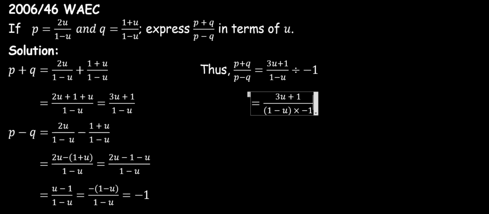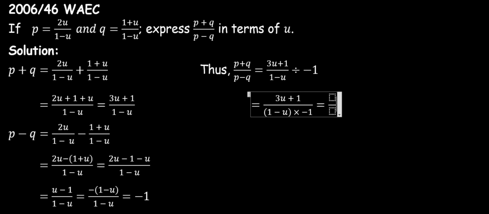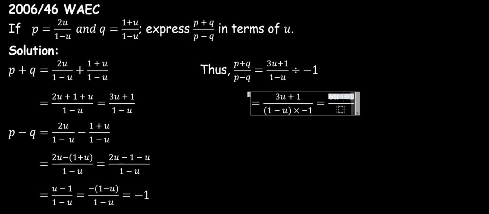Remember, the minus 1 was a whole number. So when changing from division to multiplication, it becomes 1 over minus 1, hence it came down to the denominator. Our result will be equal to 3U plus 1 divided by U minus 1.